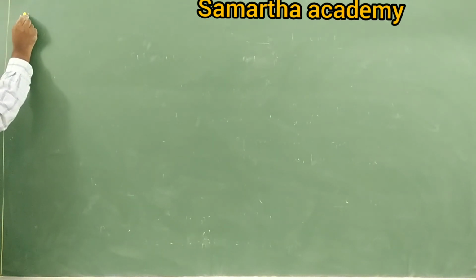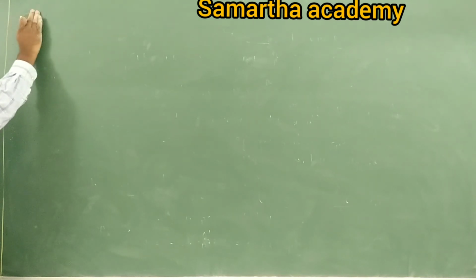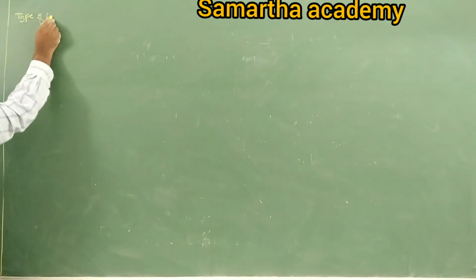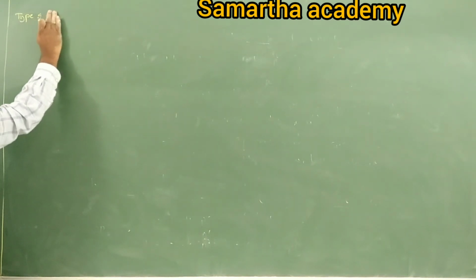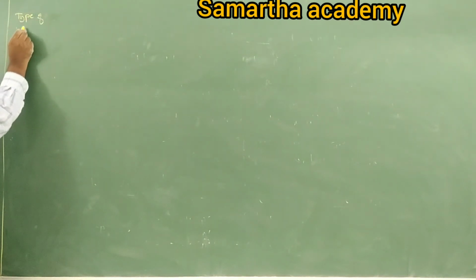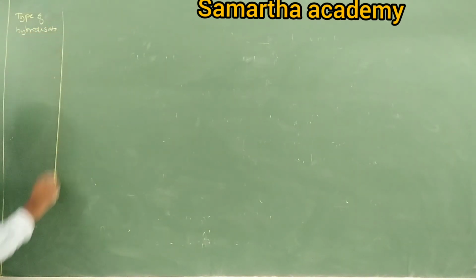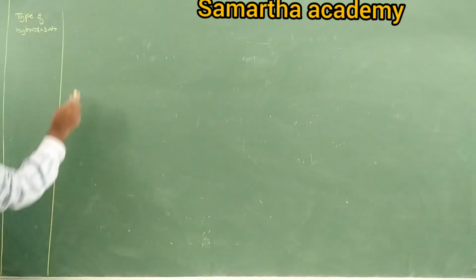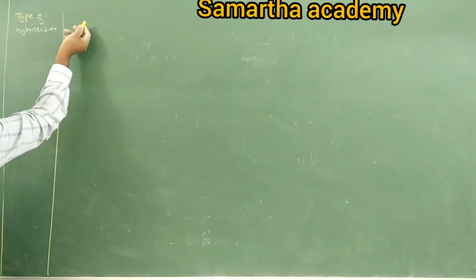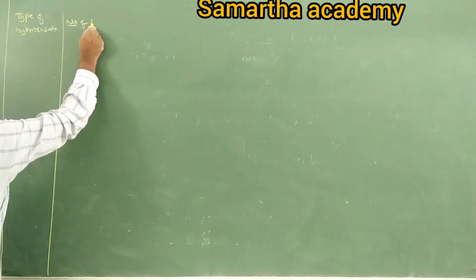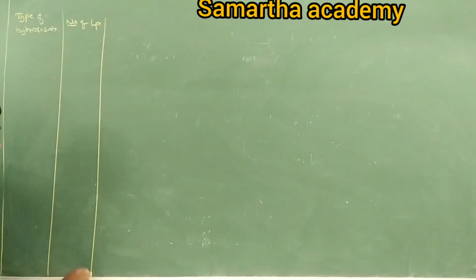Type of hybridization, make it fast. First column, type of hybridization. Second column, number of lone pairs.